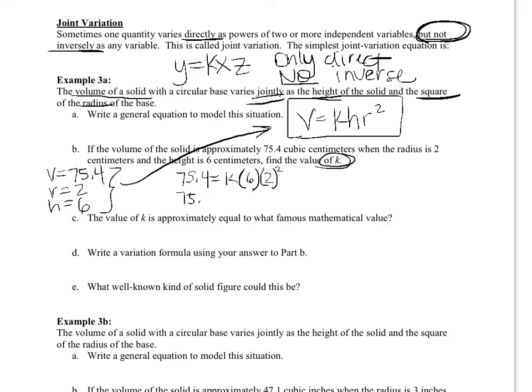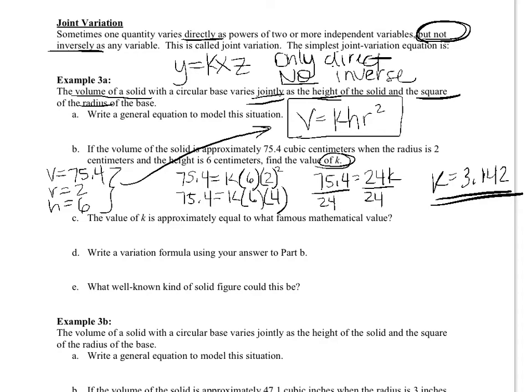We can clean that up a little bit. We can say 75.4 equals k times 6 times 4, because we have to do the squaring. And then we can keep cleaning up, 75.4 equals 24k. Divide both sides by 24. And k equals 3.142.